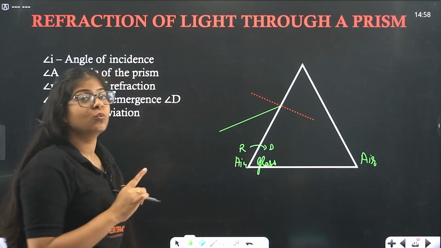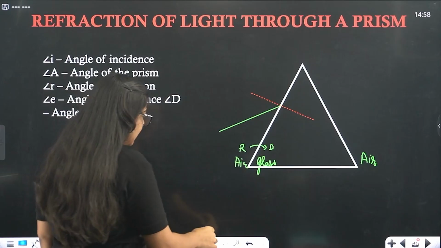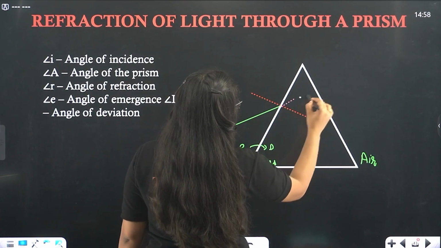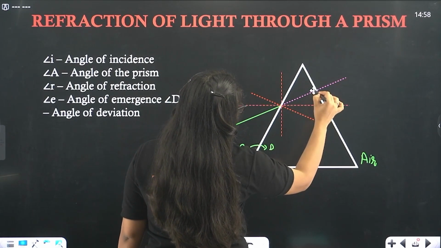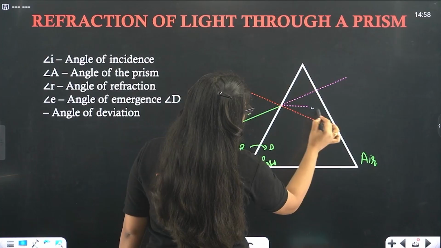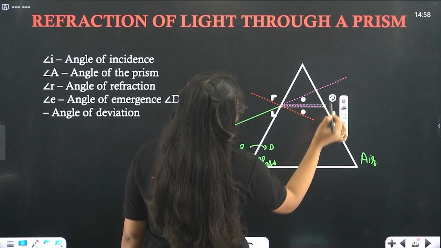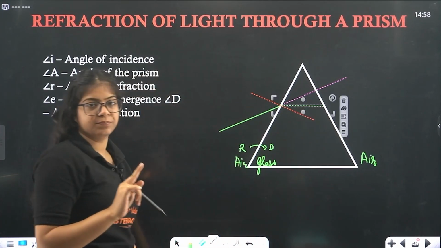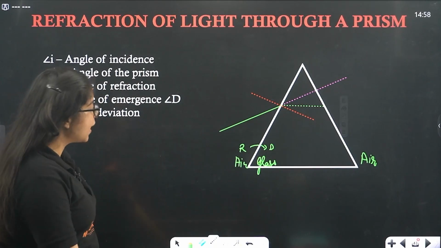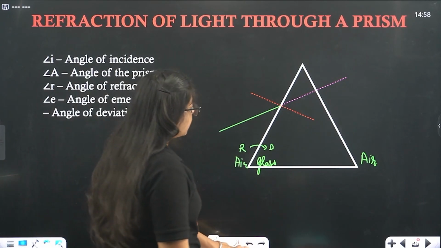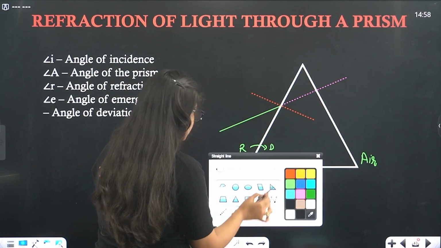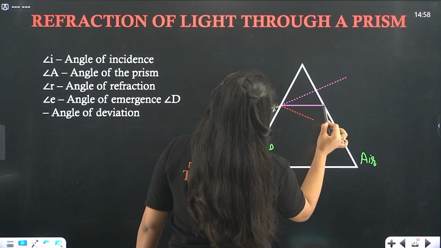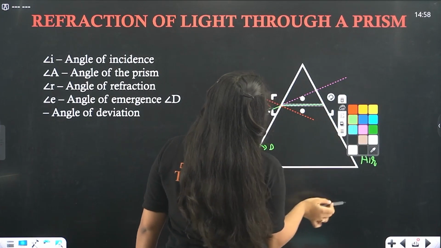It will bend towards the normal, right? So instead of going straight, it bends towards the normal. The green line is the actual path of the light ray, and this is the actual path.